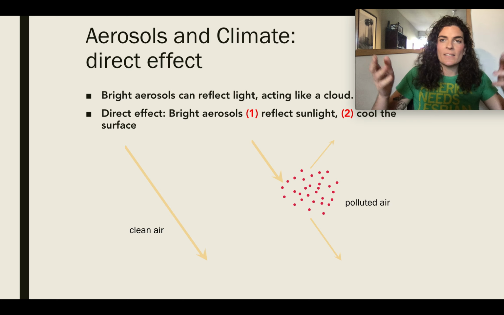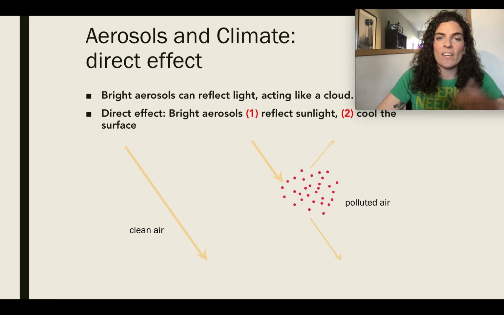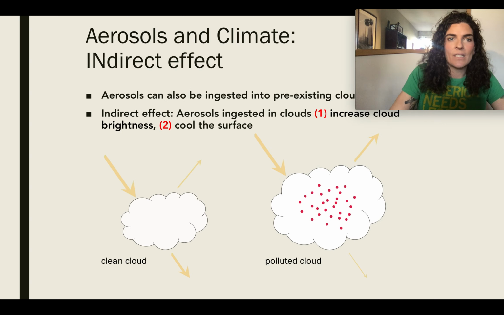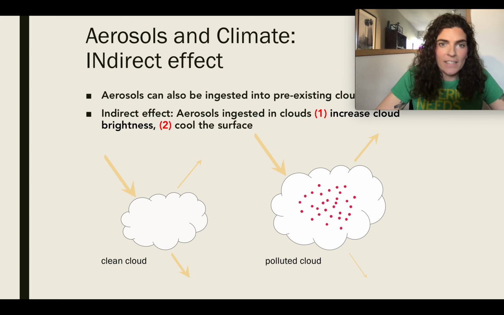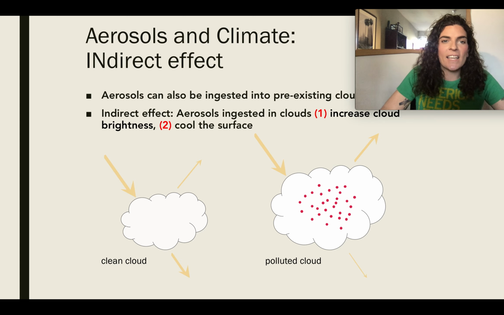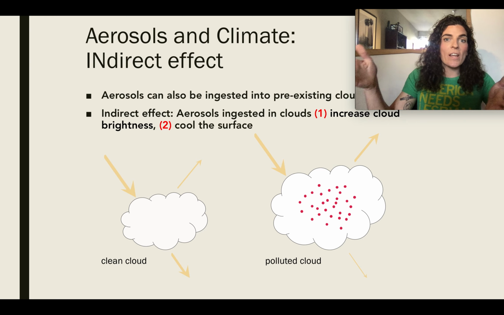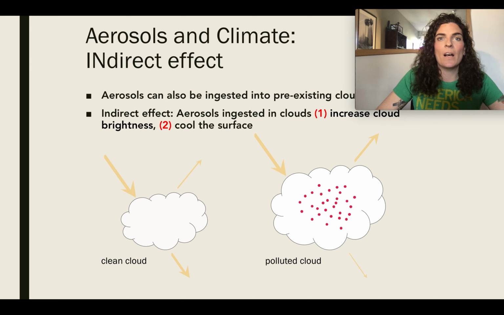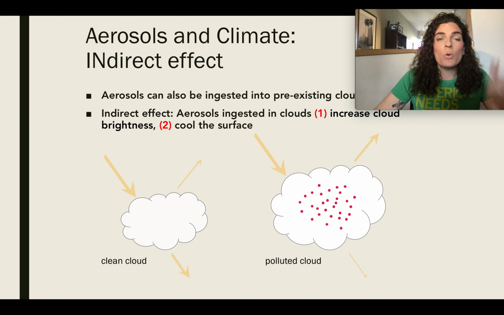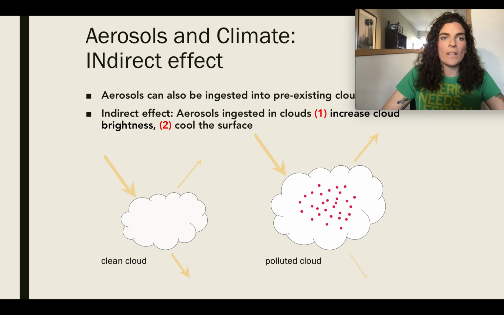They're bright, they reflect that sunlight, and they cool the surface of the planet. There's also the indirect effect, where you pump aerosols up into the atmosphere and they get ingested into a cloud. As they get ingested, they increase how bright that cloud is, and of course, if you make a cloud brighter, you cool the surface. So both the direct and indirect effects have a cooling effect on the climate.